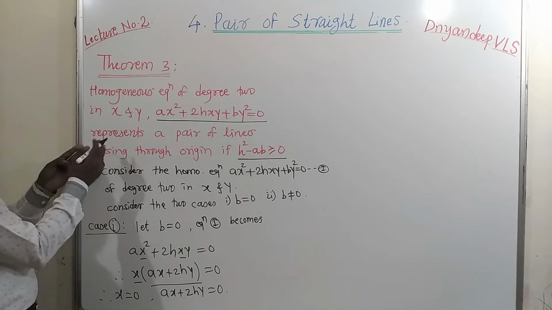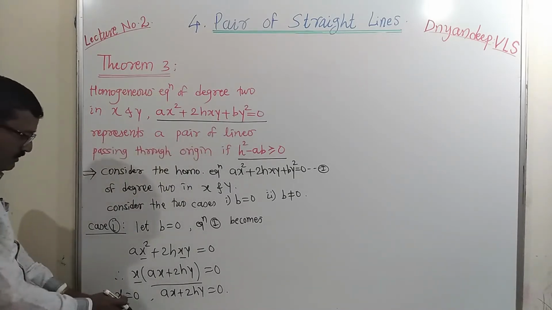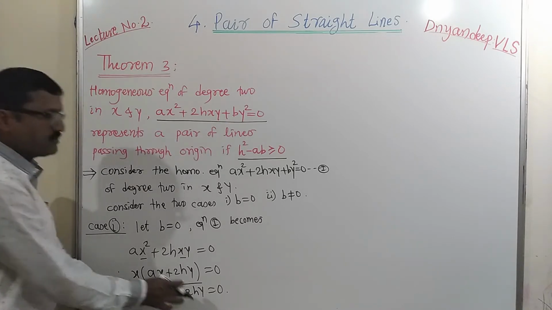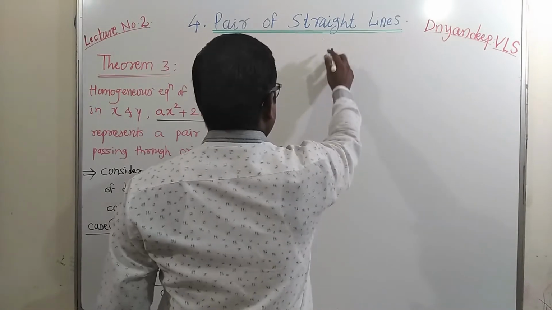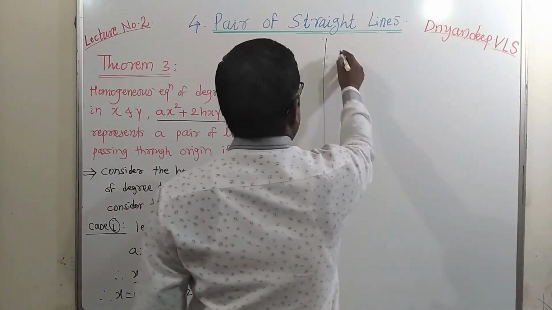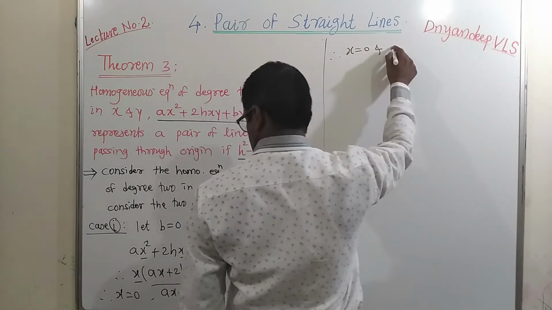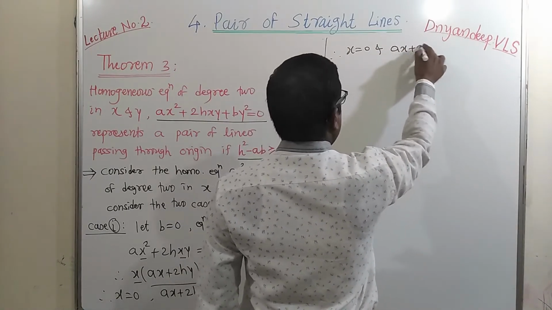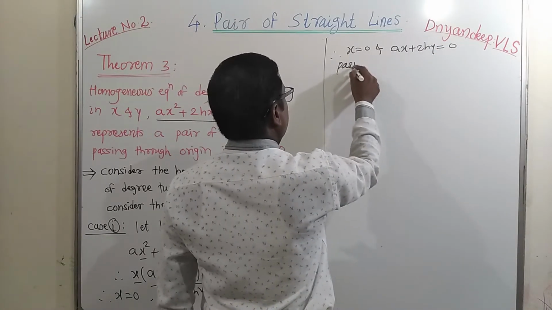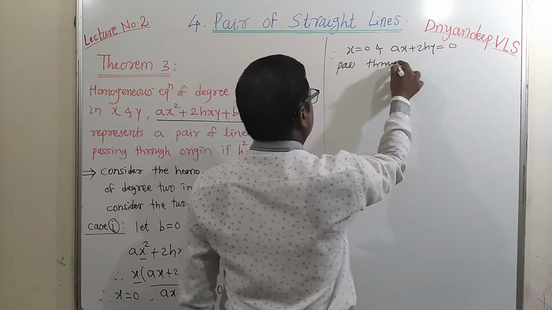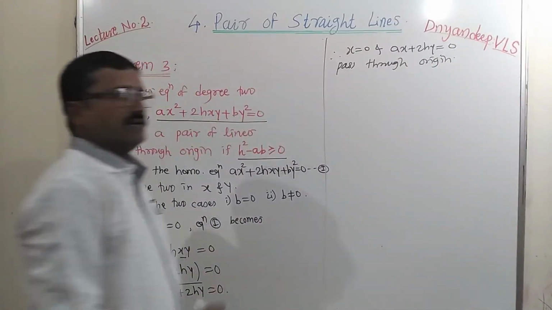So what is the conclusion of the theorem? It represents a pair of lines passing through origin. The y-axis passes through origin and this line also passes through origin. So we will write here that therefore x equal to 0 and ax plus 2hy equal to 0 pass through origin, and these are the two required lines.